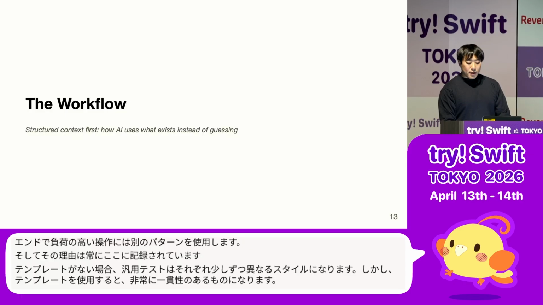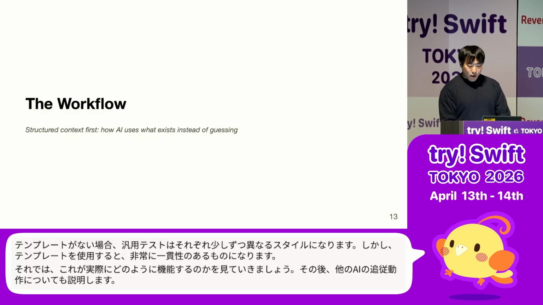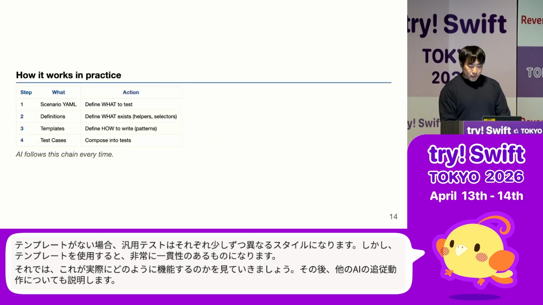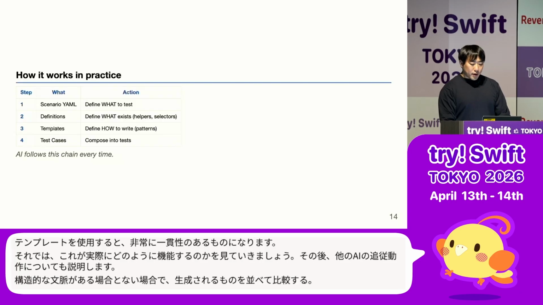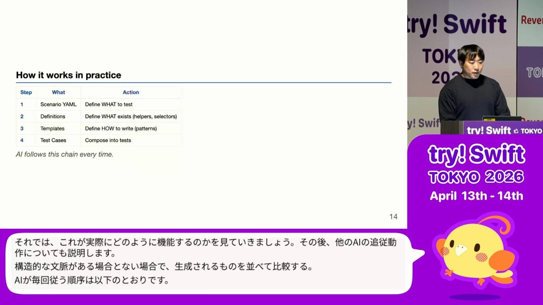So now let's see how this comes together in practice. I will show the order AI follows, and then a side-by-side comparison of what it generates with and without structured context. Here is the order AI follows every time. First, read the scenarios for steps and check definitions for existing code.